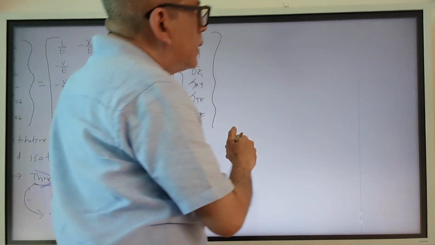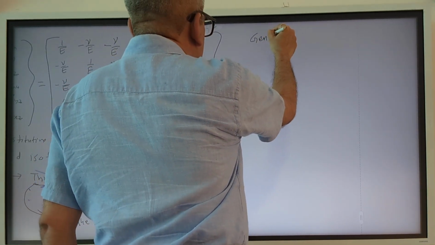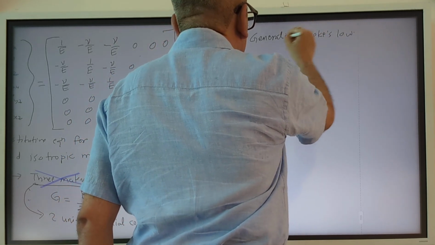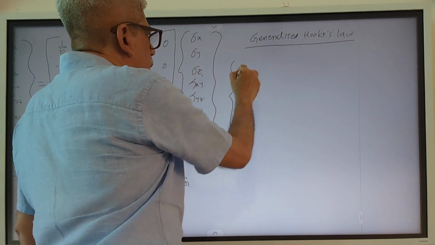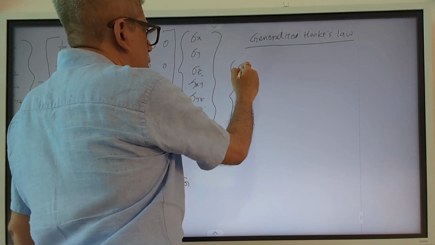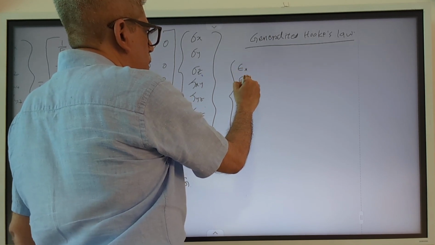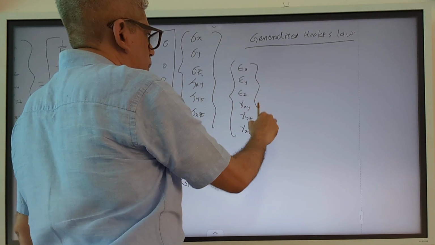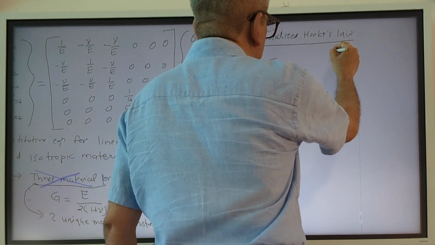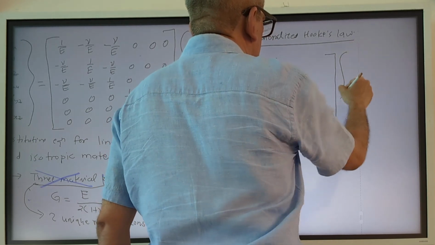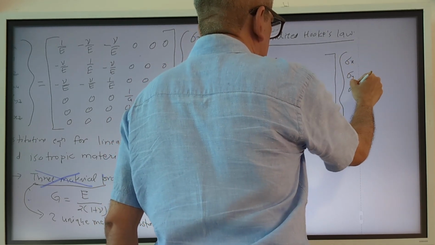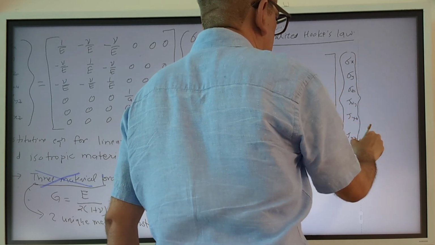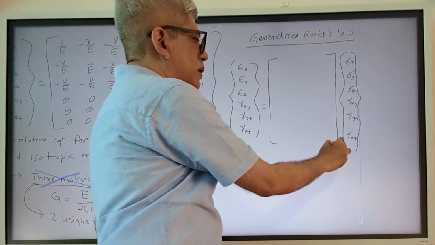The generalized Hooke's law will relate the 6 stress components and 6 strain components by a matrix which is 6 by 6.